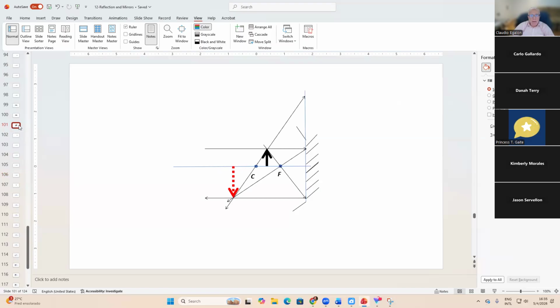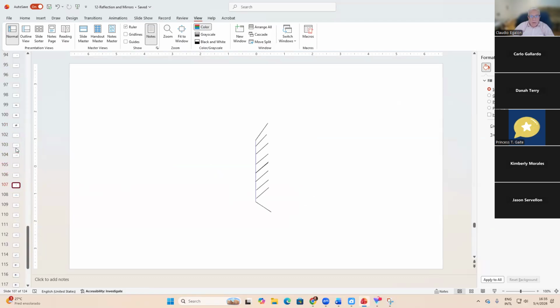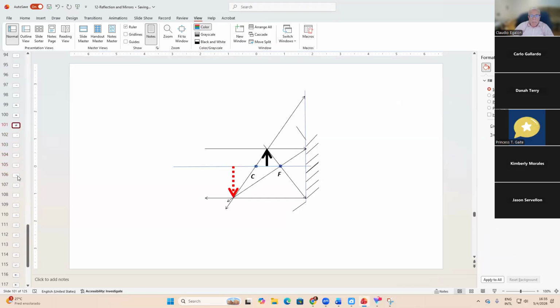I'm going to take advantage of the other light rays that we have dealt with, right? Here you go. This one.